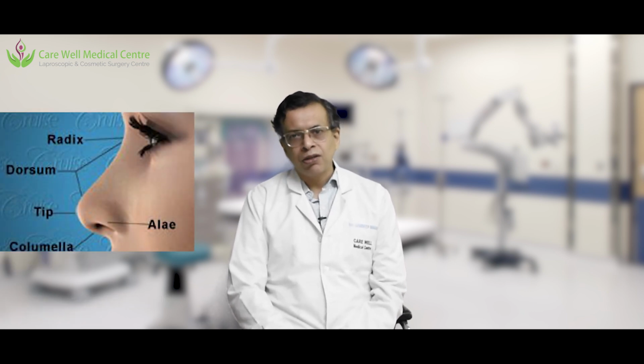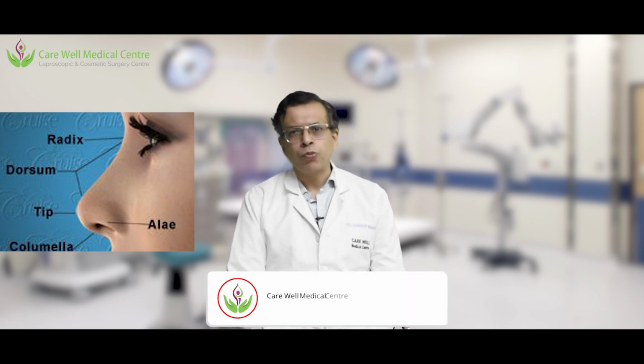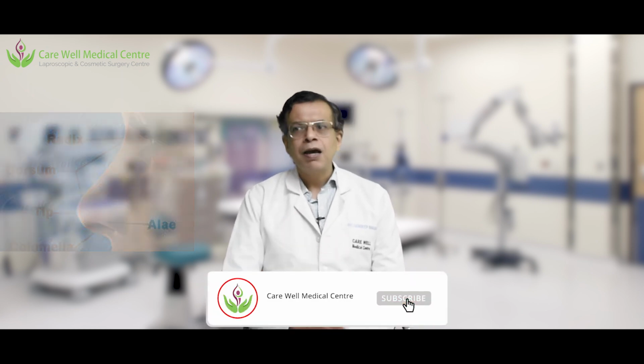If the length of the nose is 4 centimeters, the height of the nose should be roughly 2.2 or 2.3 centimeters. That is something we keep in mind when we reconstruct the nose. So length and projection are very, very important for the nose to look good.